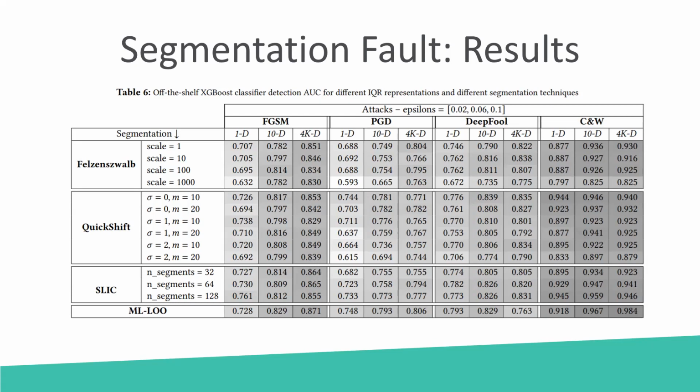Now, the first thing that we notice in this table is that the results related to the 4KD sub-approach almost always recorded the highest accuracies along the 3 segmentation methods, followed by the 10D and then the 1D sub-approach. And notice that we set a darker shade of gray for higher values, so you can see the gradient of gray from darker to lighter when we're moving from the 4KD sub-approach to the 1D sub-approach.